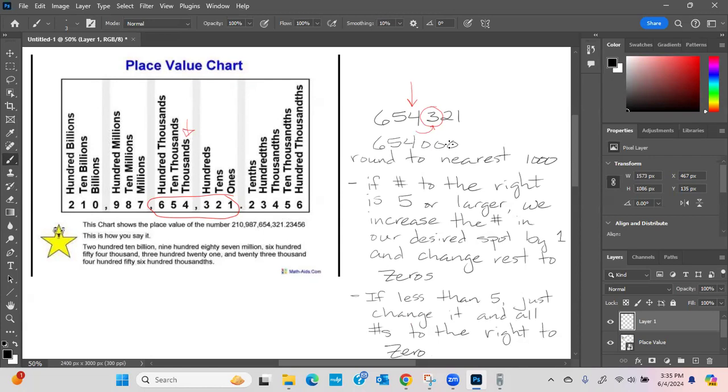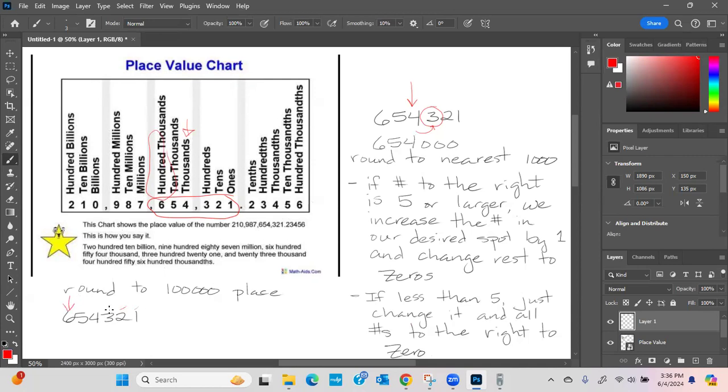So let's now round to the 100,000th place. So we'll take our number 654,321, and we will find the 100,000th place. That's right here. So that would be our 6.